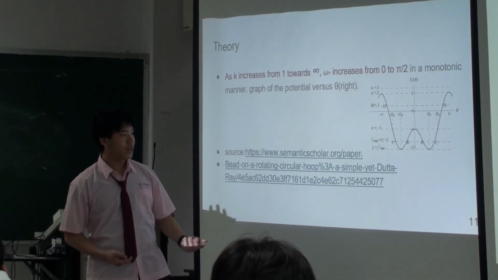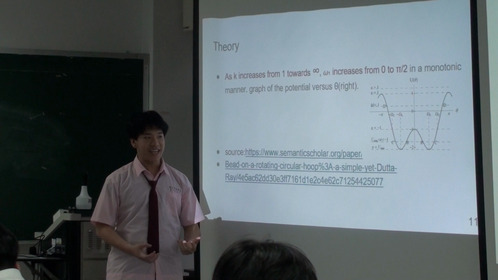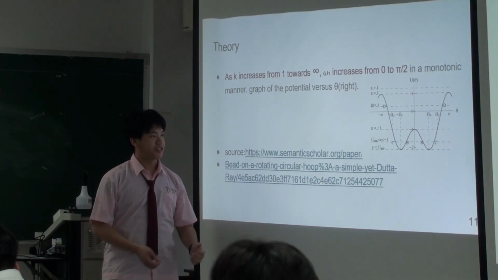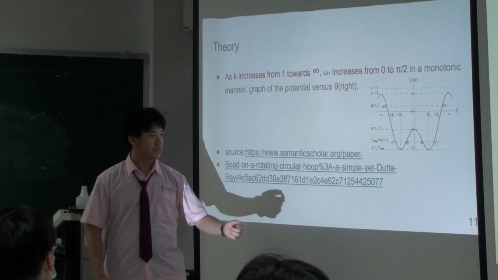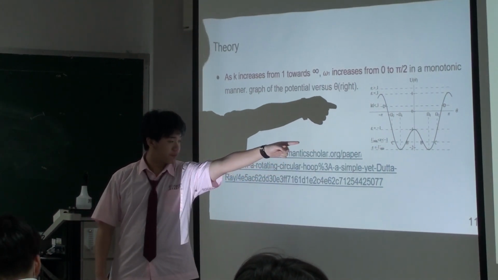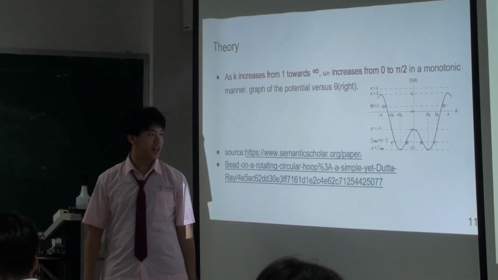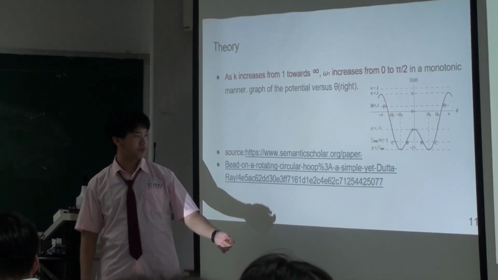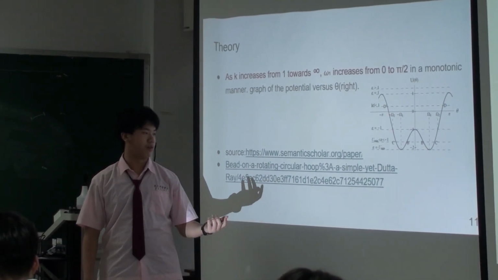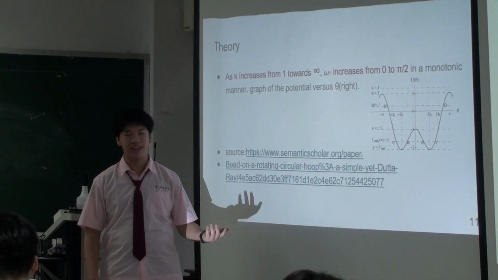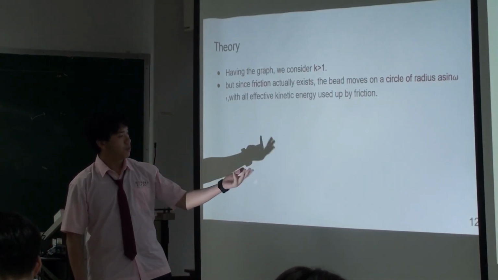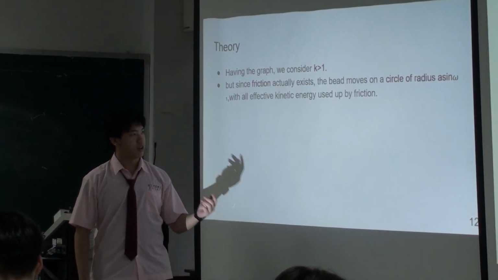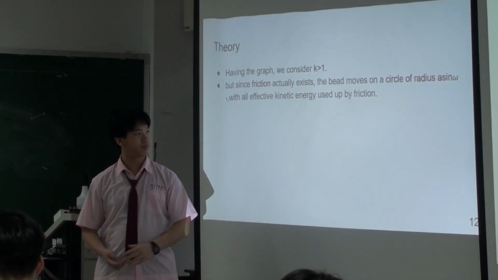But we need to consider friction. Even a little bit of energy loss will make the bead unable to go through the peak at theta equals 0, and the friction will use up its energy, resulting in the bead moving on the circle of radius a sine omega.